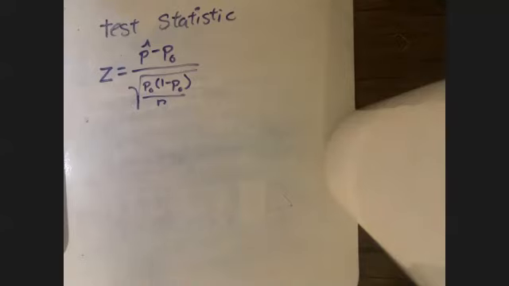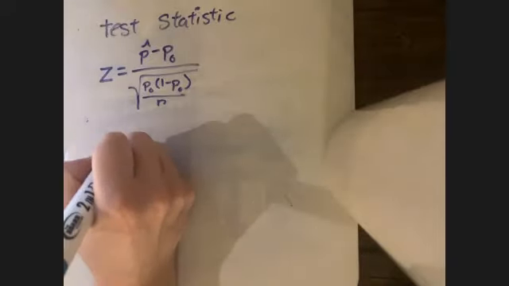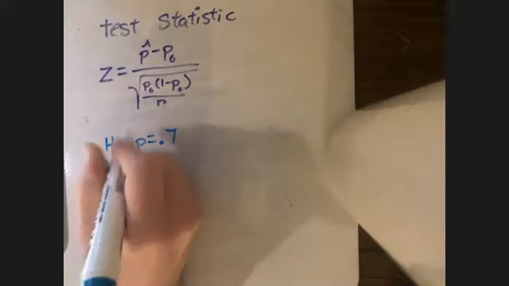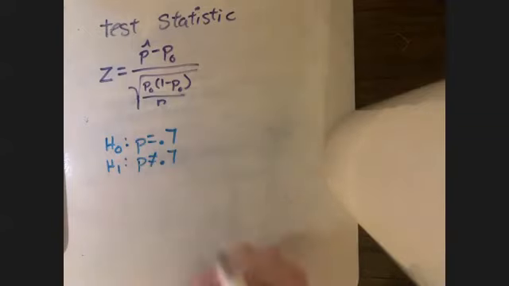So here's an example of this loveliness. We've got H naught: P is 0.7. H1: P is not equal to 0.7.